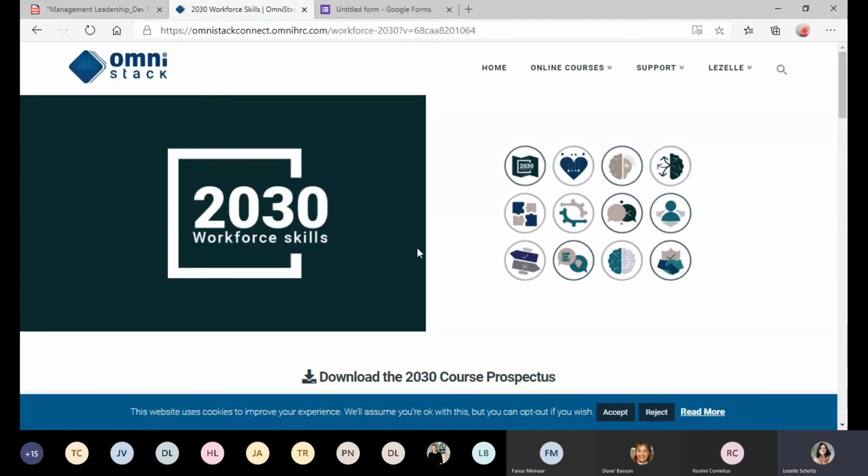We also then have our soft skills, which are now being referred to as hard skills, because they have now become critical skills for the workforce to have. And so we understand within the Workforce 2030 skills that these skills are important.